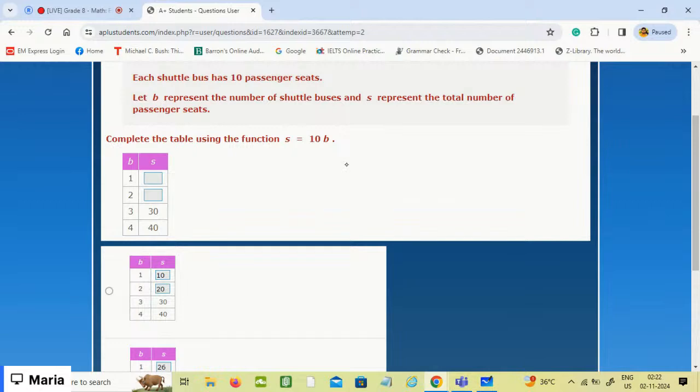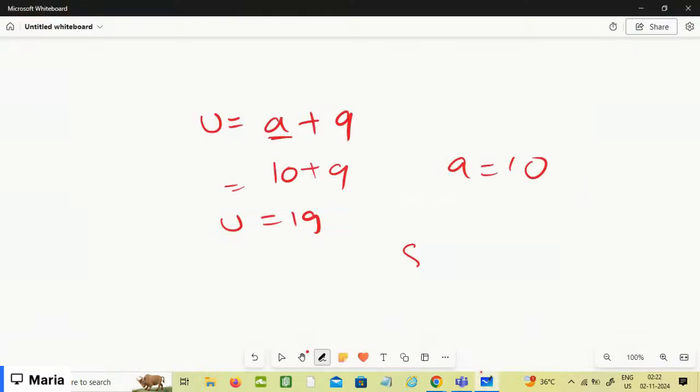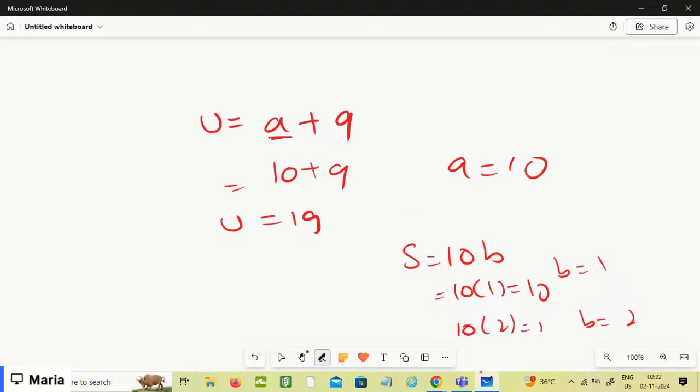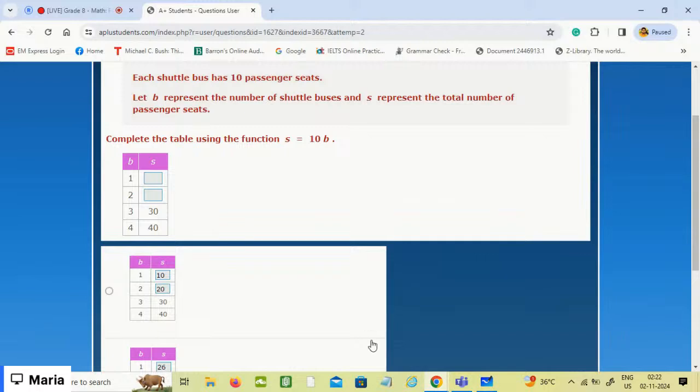You need to calculate for b equals 1 and b equals 2, right? So s equals 10b. Replace b equals 1. So that means 10 times 1 is 10. Then replace b equals 2. So that would be 10 times 2 equals 20. So the correct option is 10 and 20. Option number 1 is the correct option.